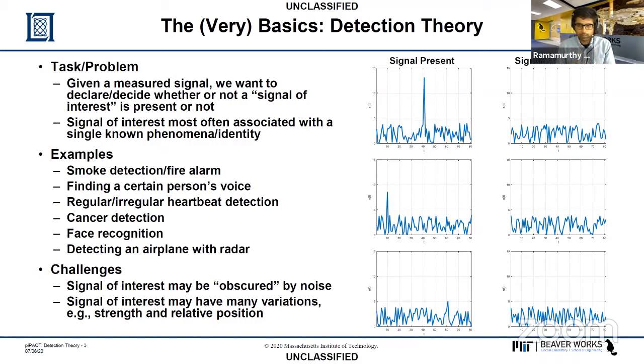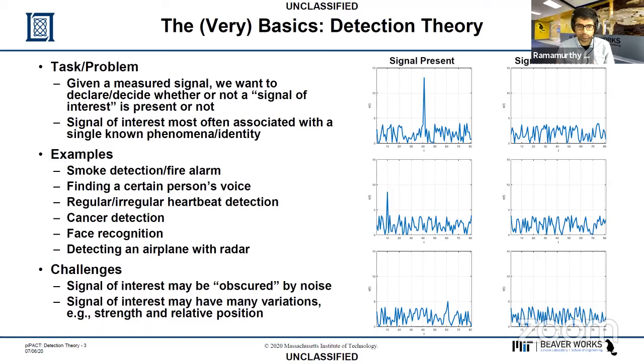Okay. Some very basic examples: smoke detection or a fire alarm, right? That smoke detector on your ceiling is actually doing some very basic detection theory, since its goal is to detect the signal of fire or smoke. That's the phenomenon it wants to correlate with the signal it's measuring.